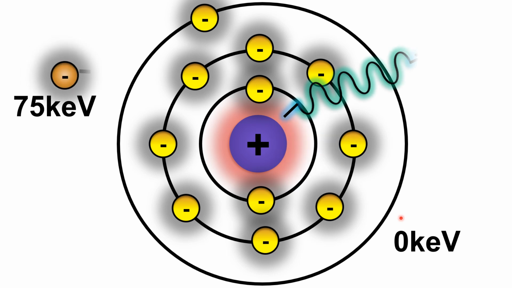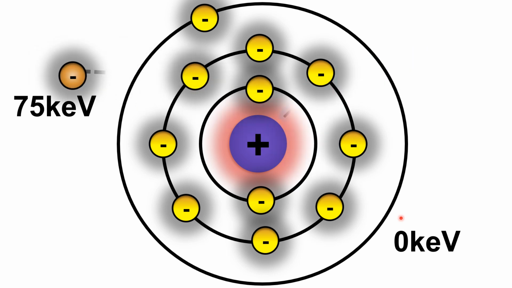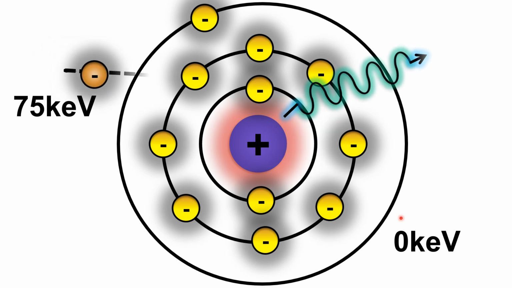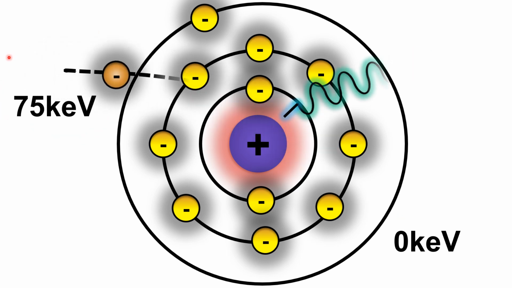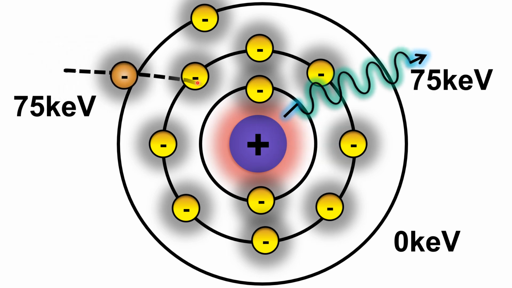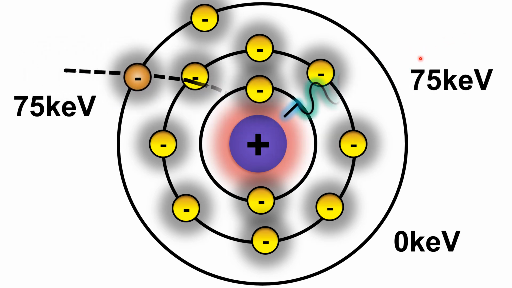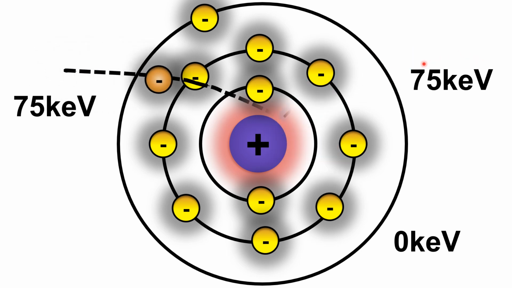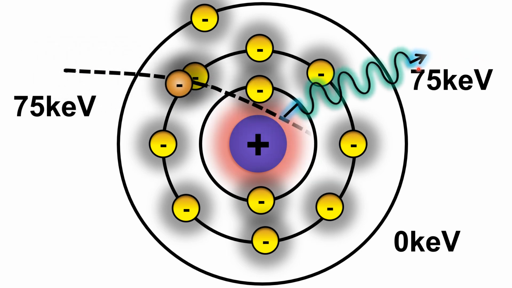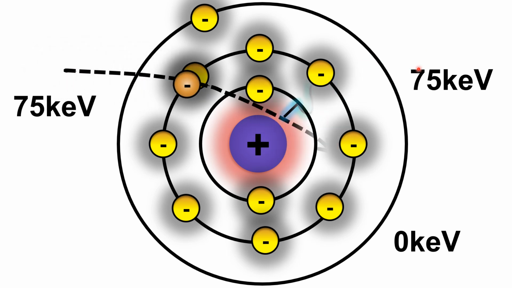As you know, according to the law of conservation of energy, the initial amount of energy is equal to the final amount of energy. So this 75 kilo electron volt of energy will be totally transferred into continuous X-rays, and we will get a very short wavelength with high energy.